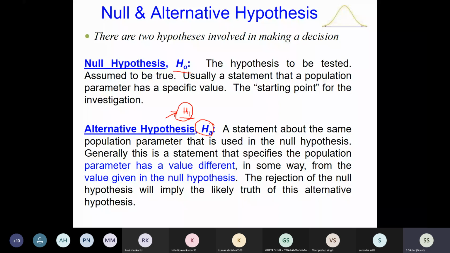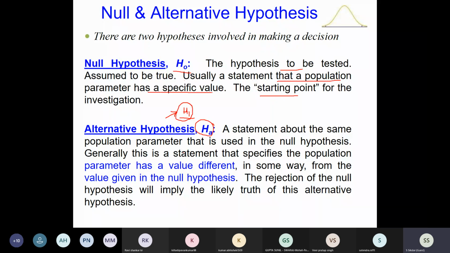It is a different notation, it varies from book to book, but it means the same thing. The null hypothesis is shown by H0. This hypothesis is to be tested, assumed to be true, and one statement is formulated where the population parameter has a specific value, and that is the starting point.